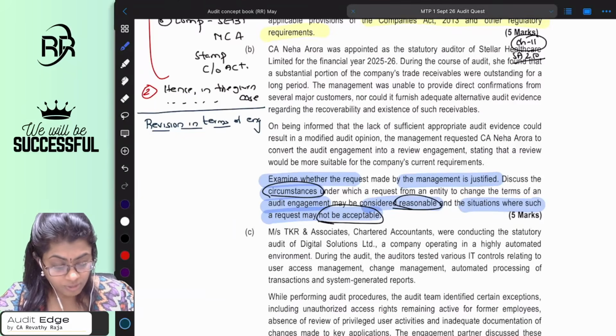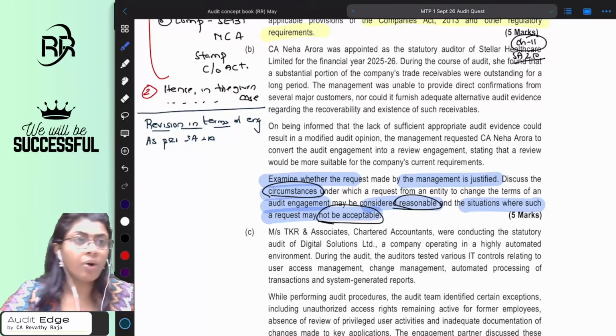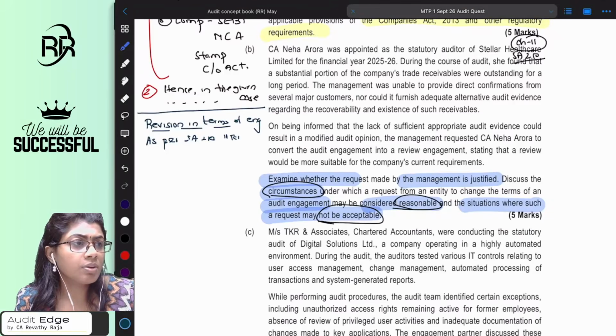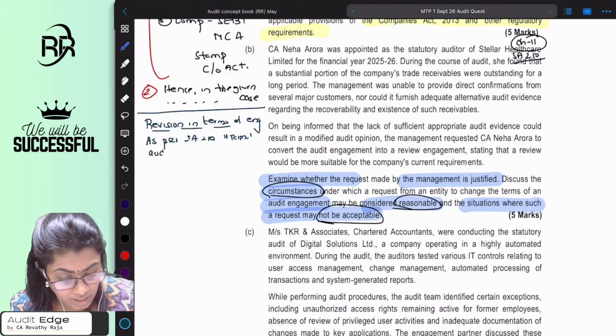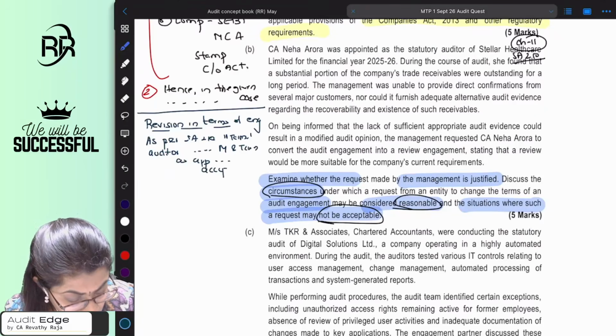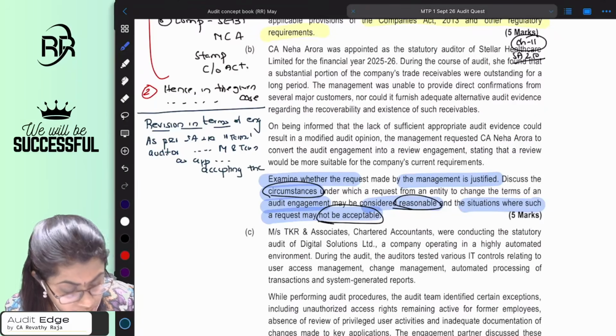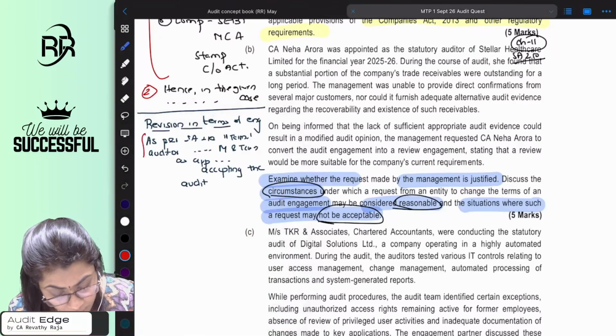As per SA 210, agreeing on terms of audit engagement: the auditor shall agree the terms with the management and TCWG as appropriate before accepting the audit. This should be the intro part.